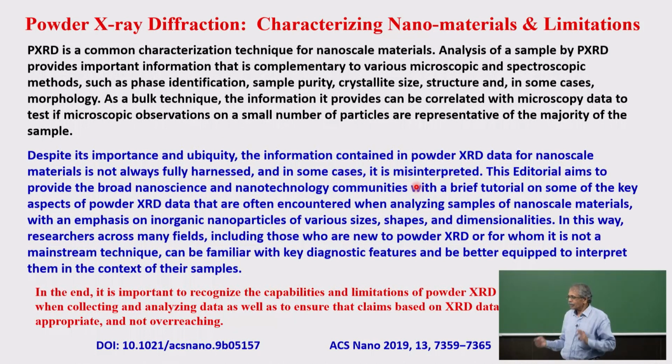So nanostructures, not nanoparticles, nanostructures. Therefore, for the information that you interpret out of the powder XRD, one has to be very cautious. Has one taken care of the variation in the nanoparticles, whether these crystalline domains are the same or different?